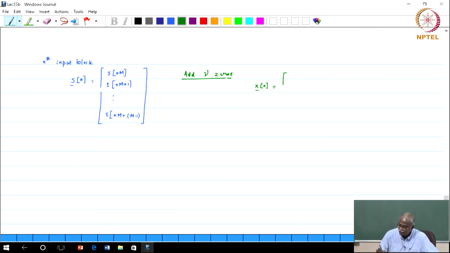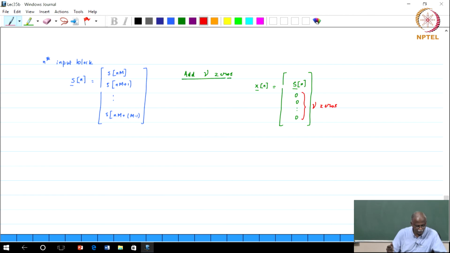So, that will be nothing but the vector S of n, which is the blocked version of the input, and then a bunch of zeros, and the number of zeros that we have introduced is actually nu zeros. Basically, this is zero padding. I am just writing it in matrix form. Okay.